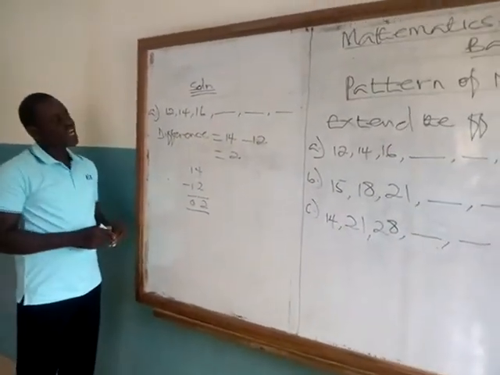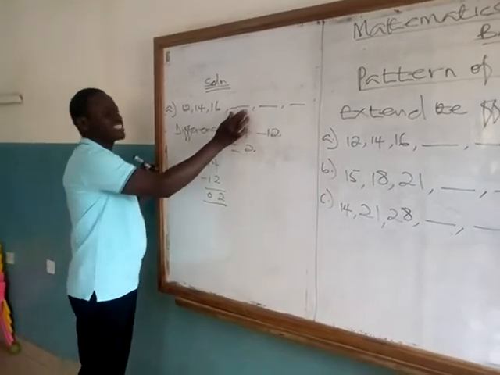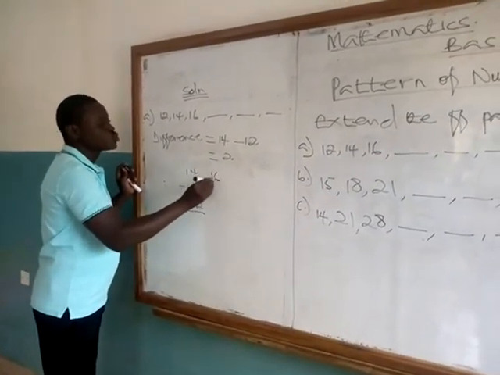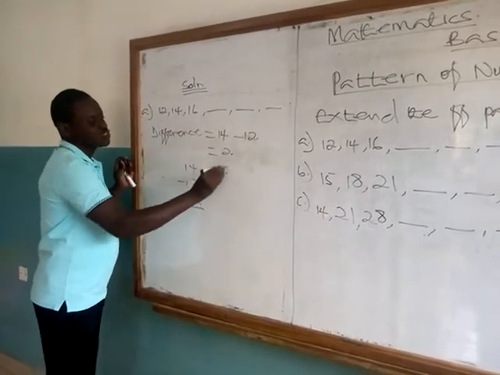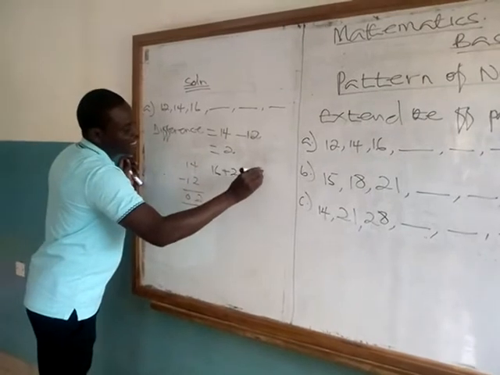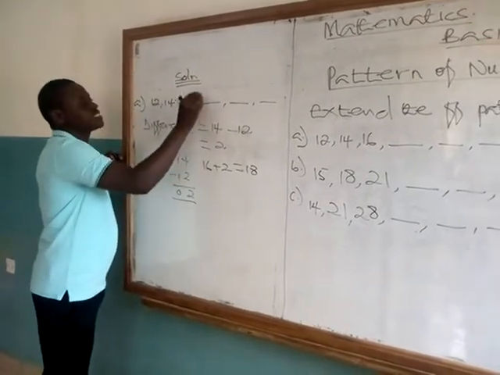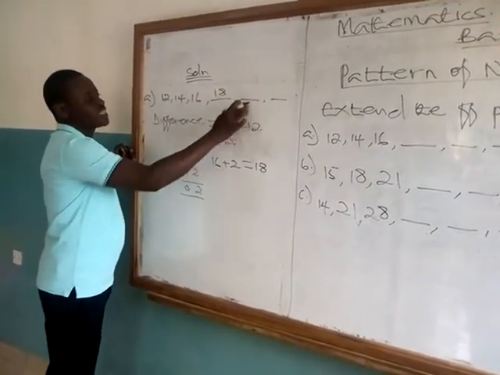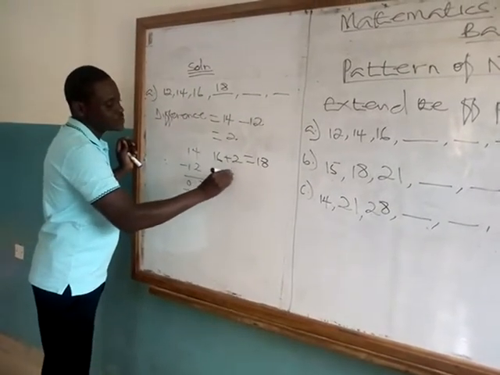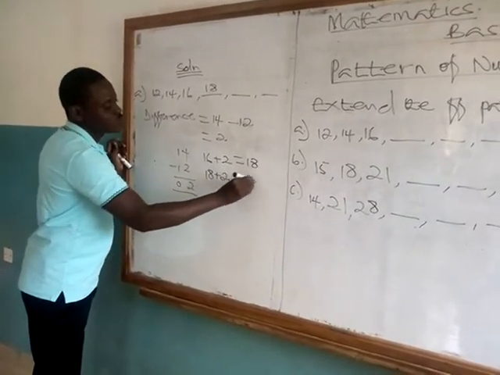So to find the digits that will fit in here, you are going to add 2 to the digit 16. So 16 plus 2 will give you 18. So 18 will be here. To find the next digit, you add again 2 to 18. So you have 18 plus 2, and that gives you 20.